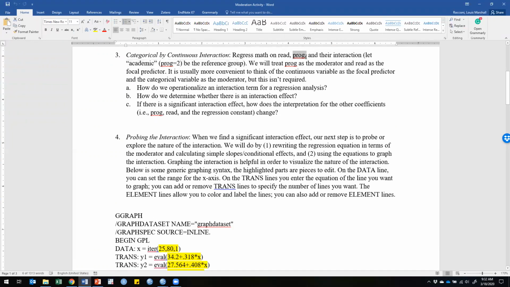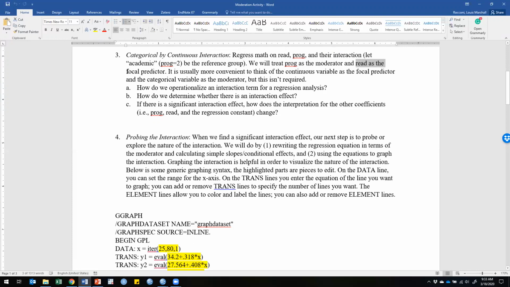So since academic program is a categorical variable, we're going to have to dummy or indicator code that variable, and we're going to set the group labeled academic as the reference group. We're going to treat prog as the moderator variable and reading scores as the focal predictor.